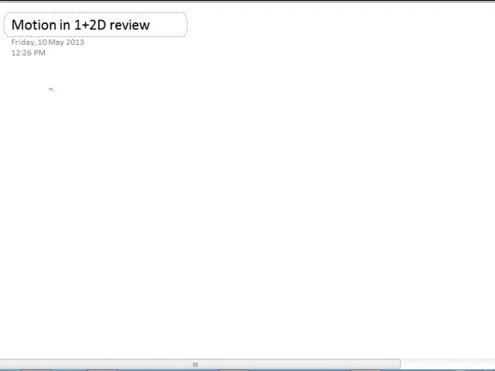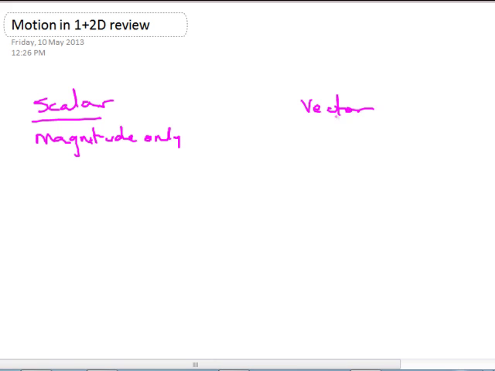Alright, so to start off the topic, we looked at scalar and vector quantities. So scalar are magnitude only versus vector, which have both magnitude and direction.